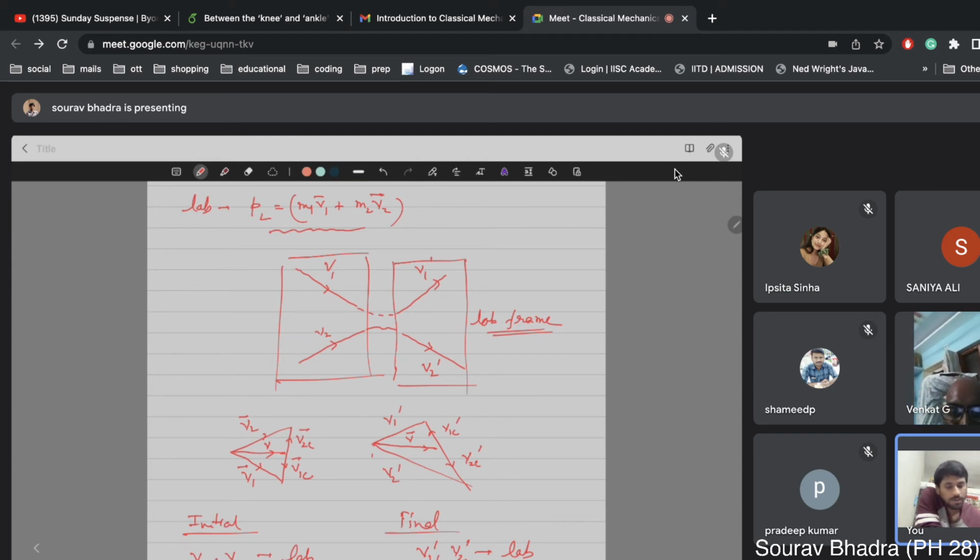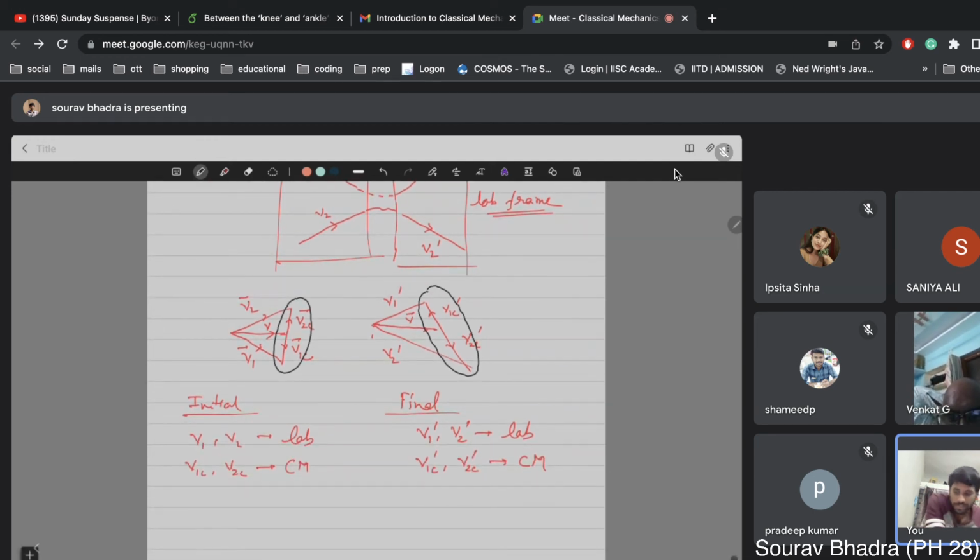Now I will ask you to focus on this particular line, which is the velocity line in the center of mass frame. This has the v2c, v1c and v1c dashed and v2c dashed in your center of mass frame.